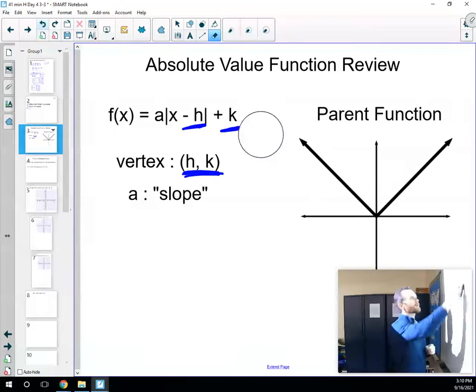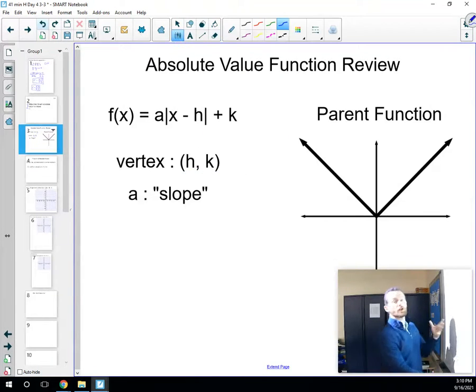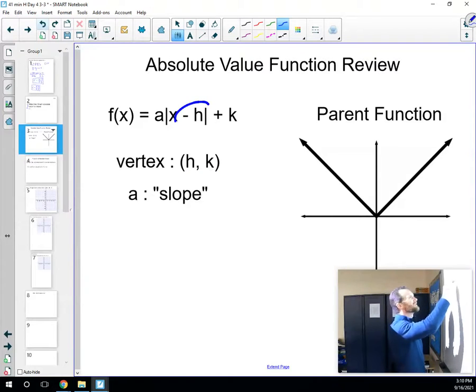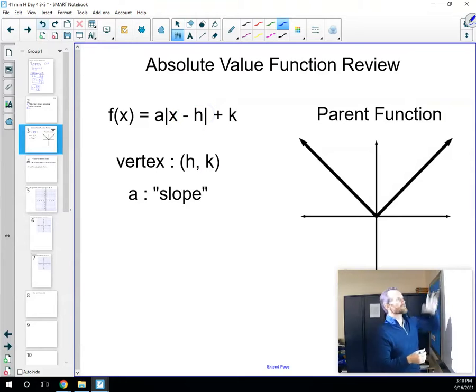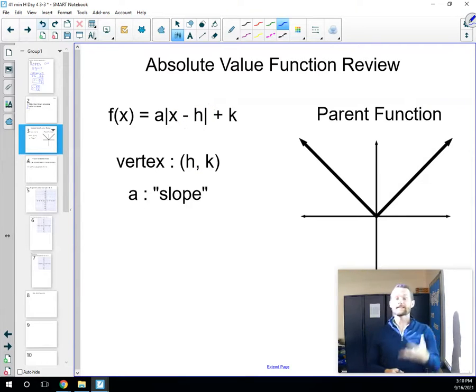Now you have to be a little careful with your h value, because in vertex form it's x minus h. What that means is anytime we take our h value out of the absolute value function, we have to change the sign. So if it's negative, it comes out as positive.